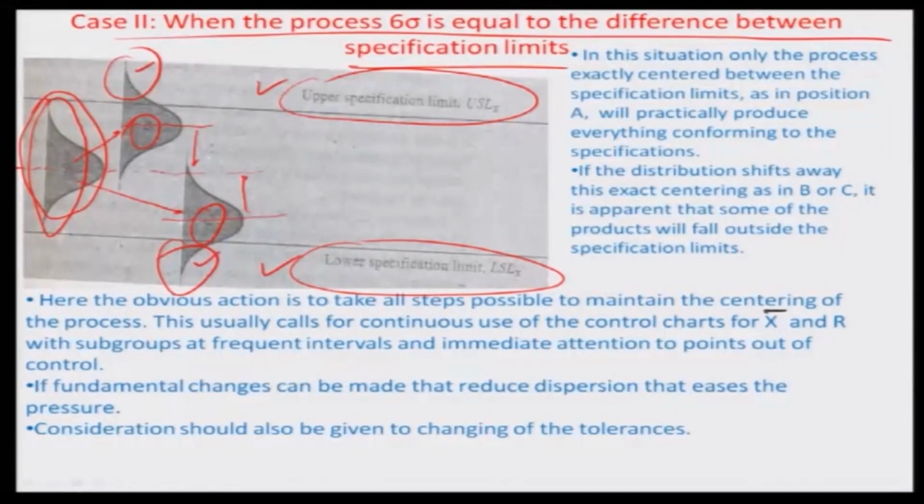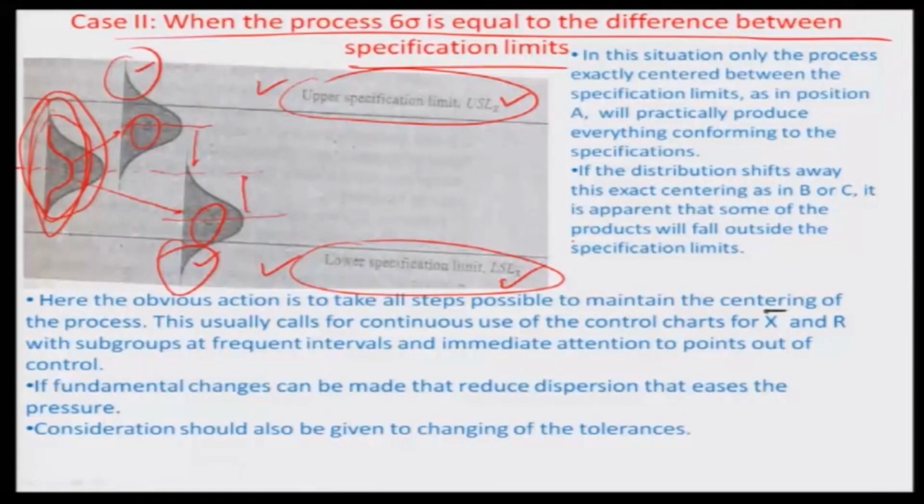So either you change the process control by making it a little bit tighter, so that you can have the spread lesser, or alternately you can think of changing the specifications if there is a lot of factor of safety which has been put in the original design, so that the process can still be within control. So there are various ways to execute this.